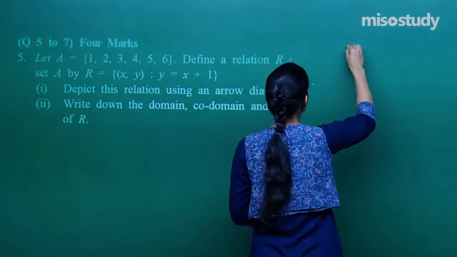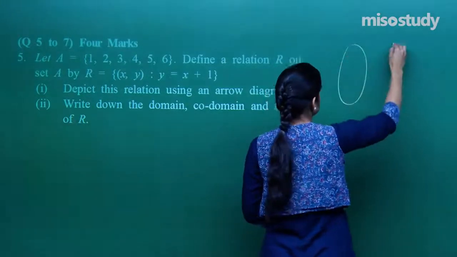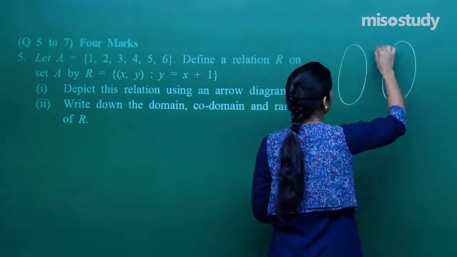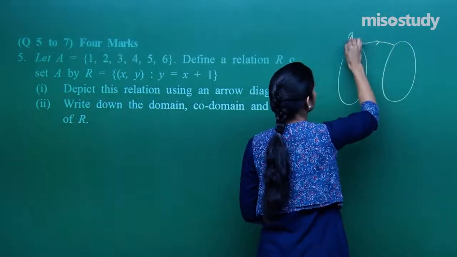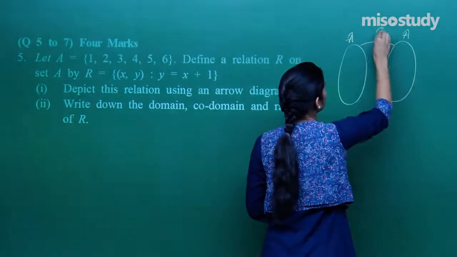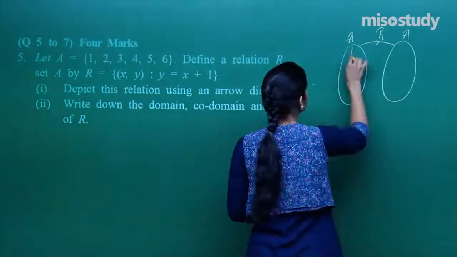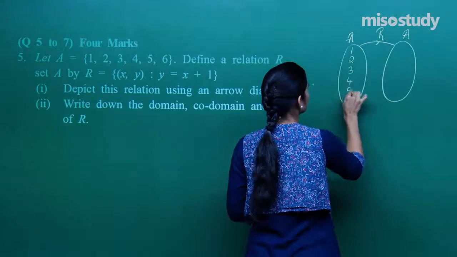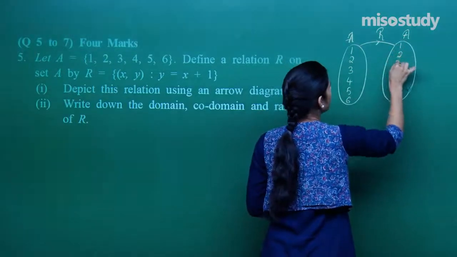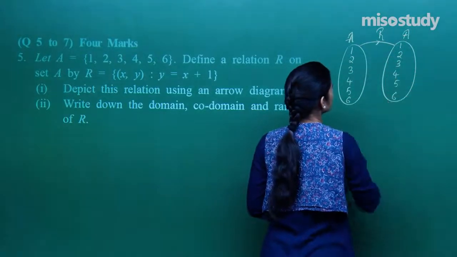So basically, let's see how relation R is mapping elements of set A to elements of set A. See, you have 1, 2, 3, 4, 5, 6 here also, and 1, 2, 3, 4, 5, 6 here also.